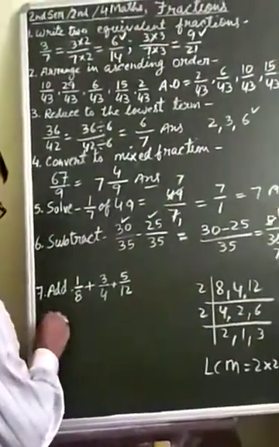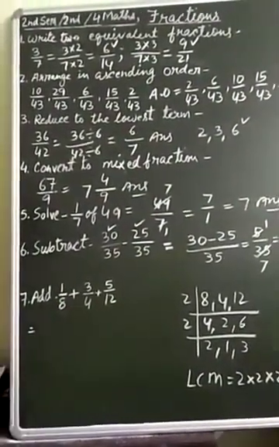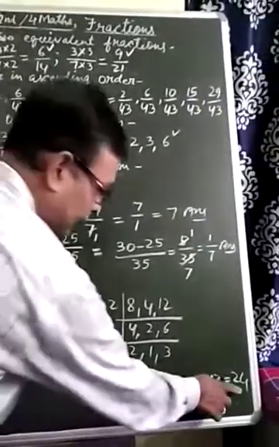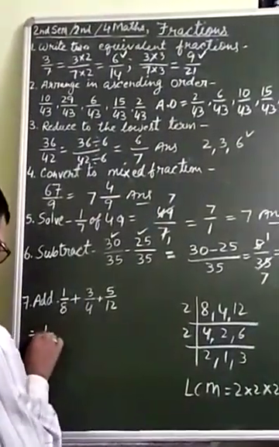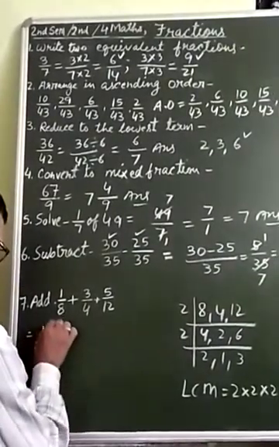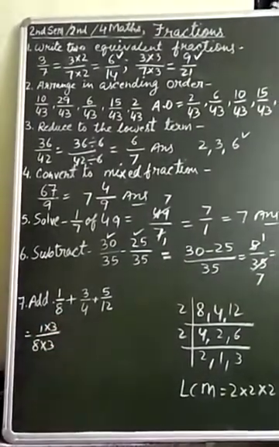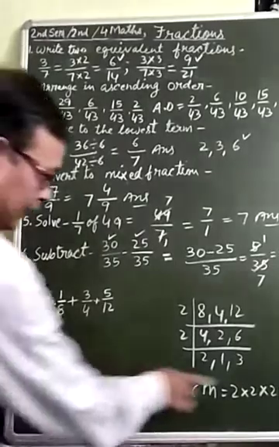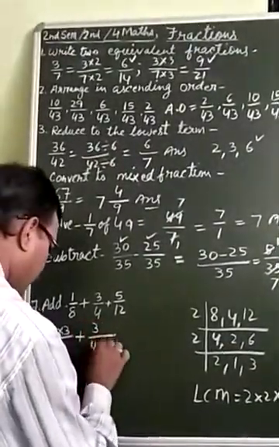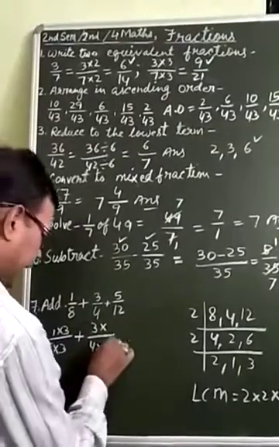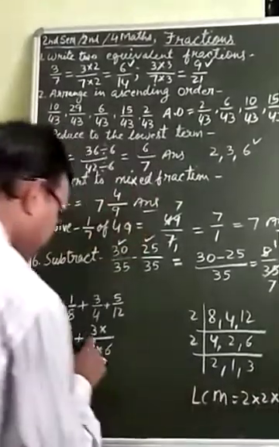Now each of these fractions will be converted into like fractions with denominator 24. Look here, 1 by 8 will be multiplied by 3. So numerator will be also multiplied by 3. 8 into 3 will give you 24. Second fraction is 3 by 4. 4 will be multiplied by 6 to get 24.